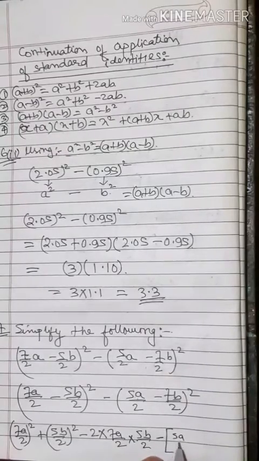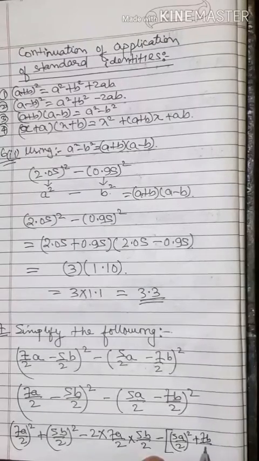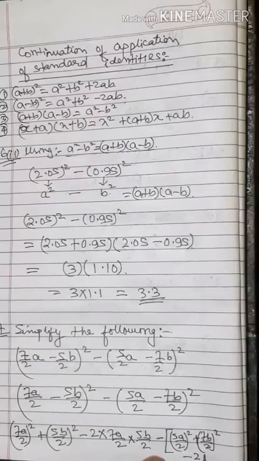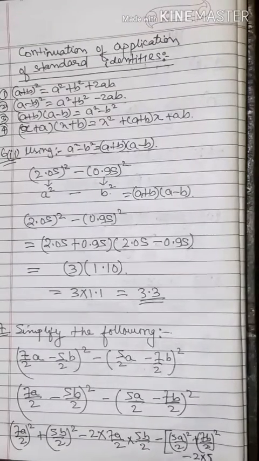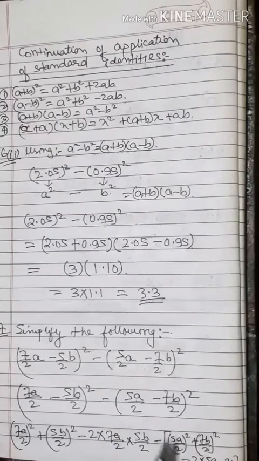So this is (5a by 2) whole square plus (7b by 2) whole square minus 2 into a into b. Okay, so this is the expansion of the second bracket.